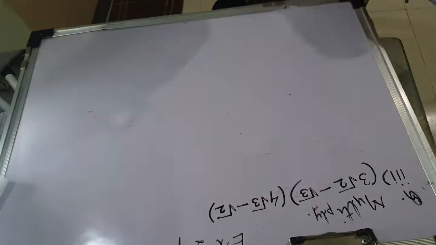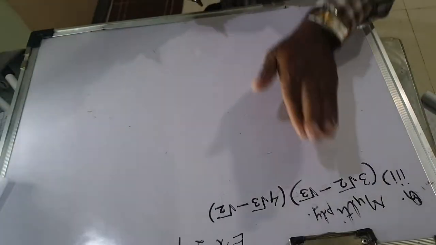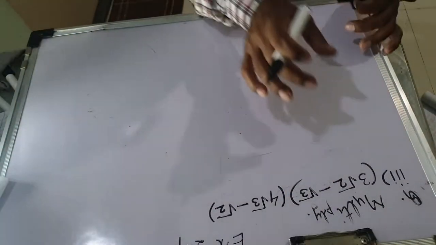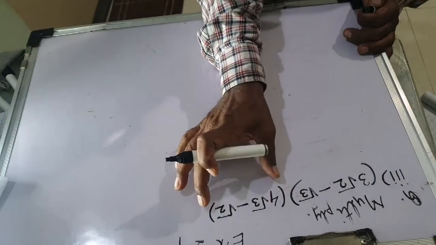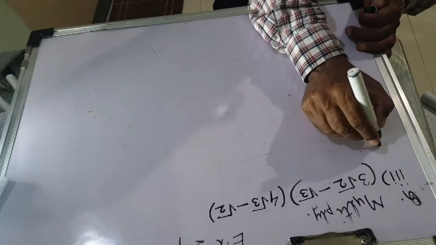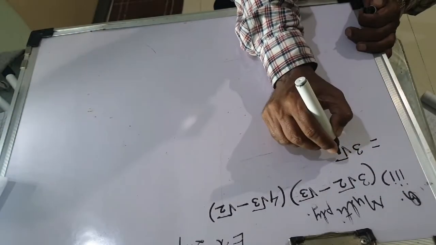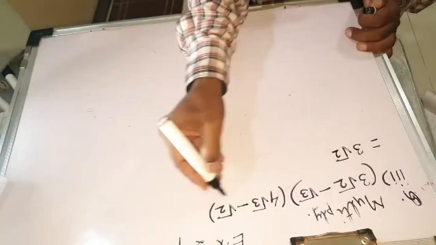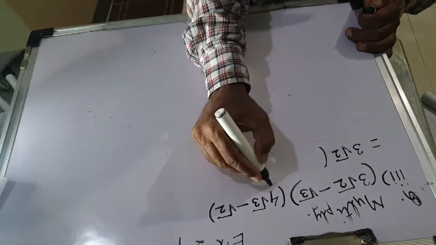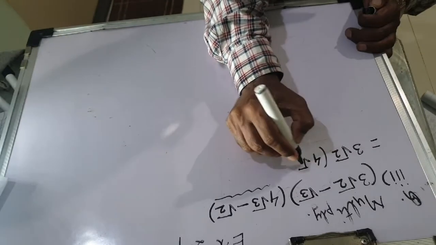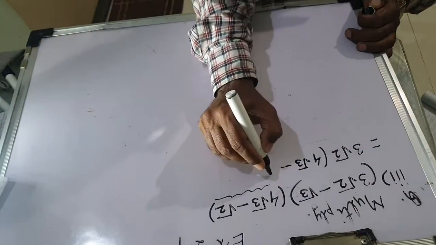Now here in the earlier sum, there was only one number. Now here there are two numbers. So it means by these two numbers I have to multiply this bracket. So first of all I will write like this: 3 root 2 into this whole second bracket, 4 root 3 minus root 2.